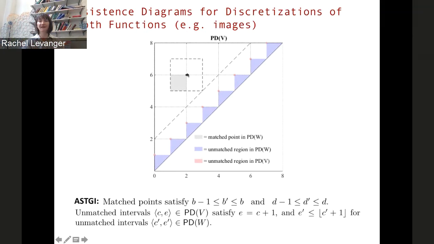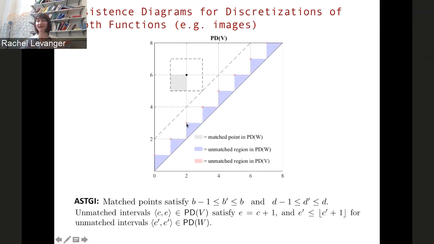So any point from the discretization could have actually come from a real point anywhere in this lower left-hand corner. And then we might have wiped out any small features in these purple or blue regions. And it's actually possible that we might have introduced some points off of the diagonal.